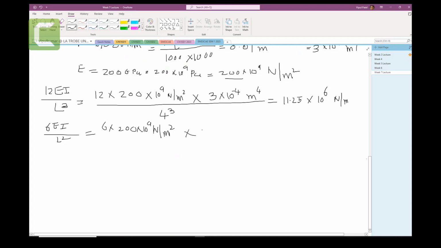We got 3 times 10 to the power minus 4 meter to the power 4, that is the I, over length 4 squared. In that case, we get 22.5 times 10 to the power 6 Newtons.